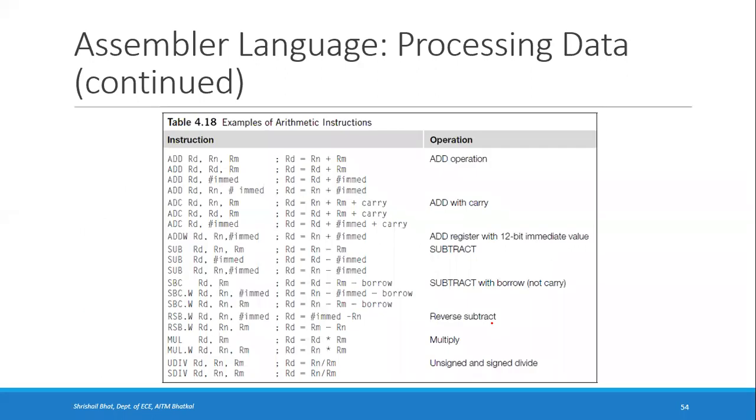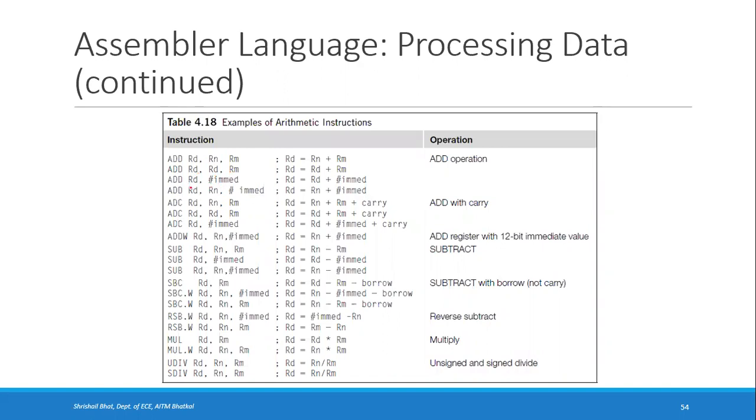So these are different arithmetic instructions that we have. ADD, there are multiple types. ADD Rd, Rn, Rm. That means you're adding Rn and Rm and storing the result in Rd, a third different register. Then we have ADD Rd, Rm, which means you're adding Rd and Rm, storing the result in Rd itself. Then ADD Rd, #immediate.